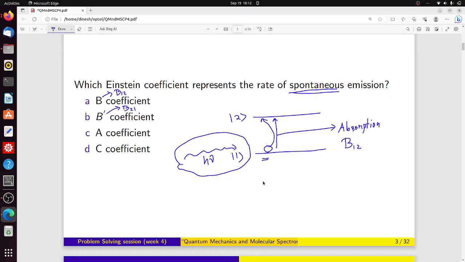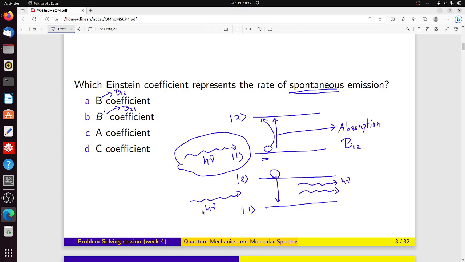One more thing can also happen. When this electron is in the second state, one photon can come and stimulate it to go to the ground state, then it will radiate one photon and the incoming photon, and they'll be emitted together.